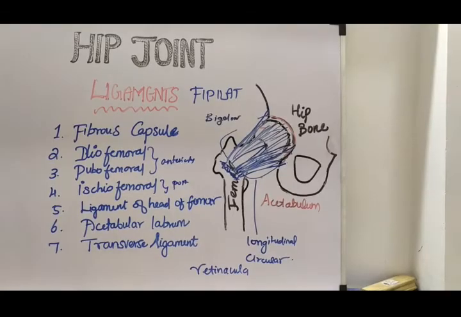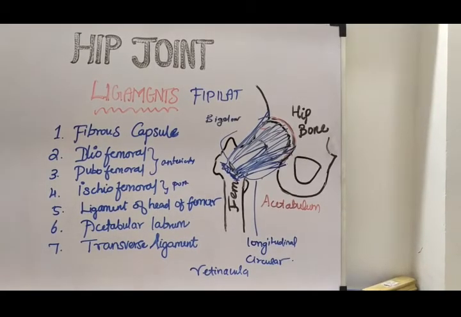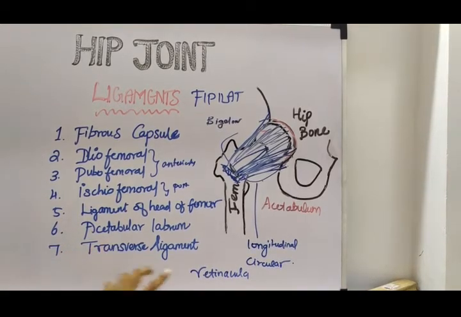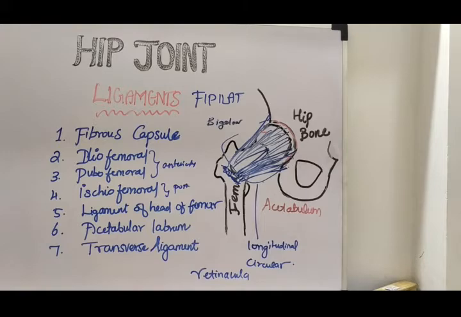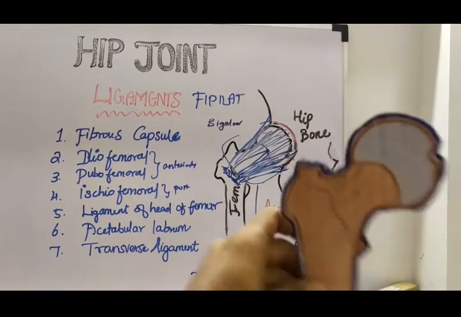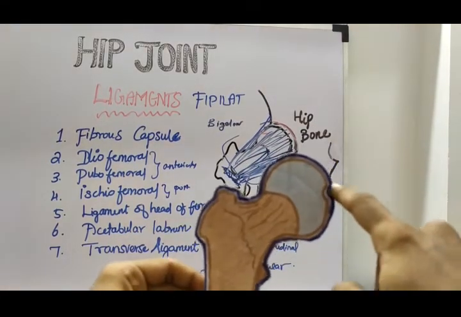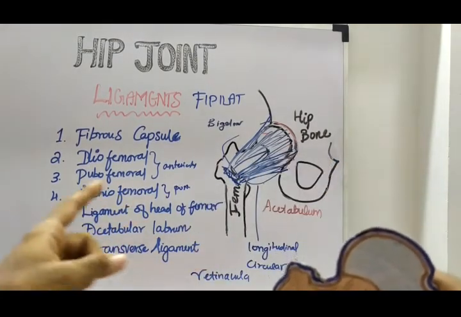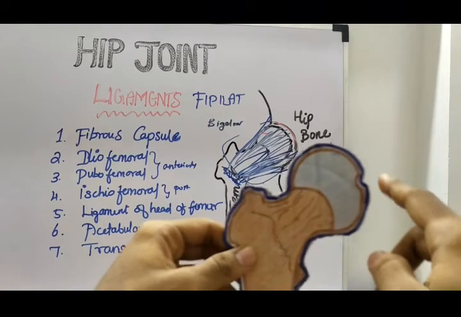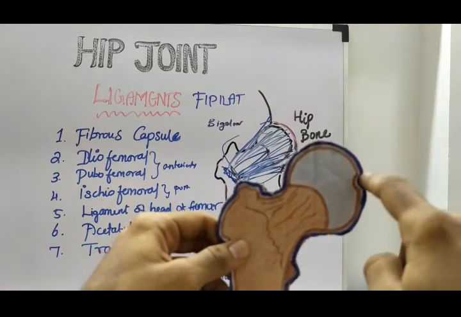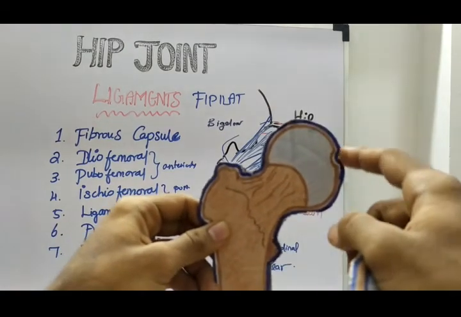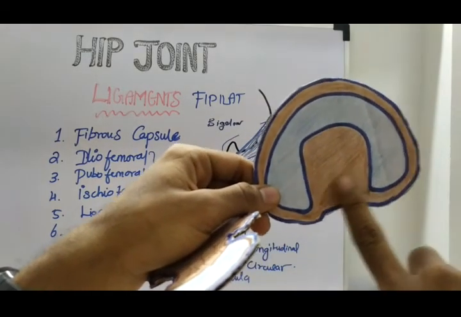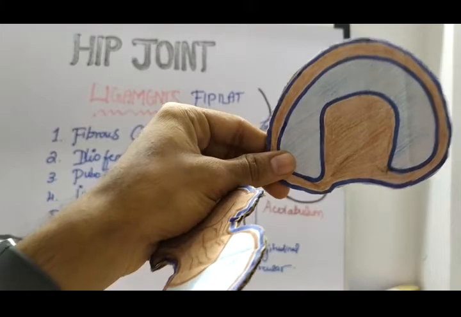And the last three are the ligament of head of the femur, the acetabular labrum and the transverse ligament, which I'll show you in the model. You can see here the fovea capitis. In this opening, the ligament of the head of the femur will be attaching. The apex of that ligament attaches here, and the base of the ligament attaches to the transverse ligament. Look, I am just drawing the ligament.